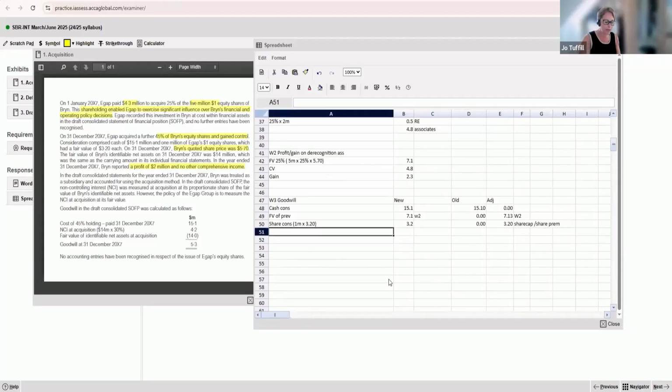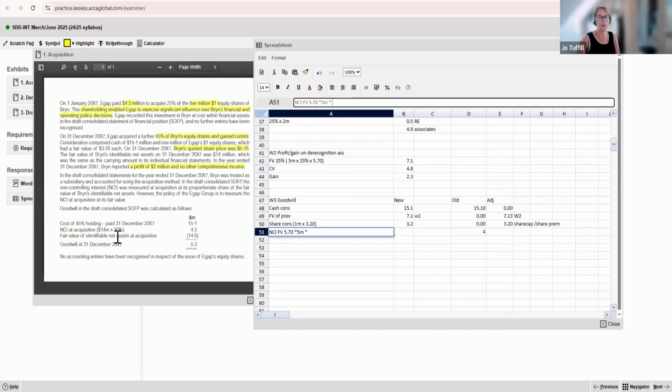The next thing we have is NCI. Now they have calculated NCI as 4.2, which is wrong. We've got to use the fair value. And how do we fair value NCI? Well, we use the same share price as we used before. So it would be the 570 now times by the 5 million shares in issue times by the NCI percentage.